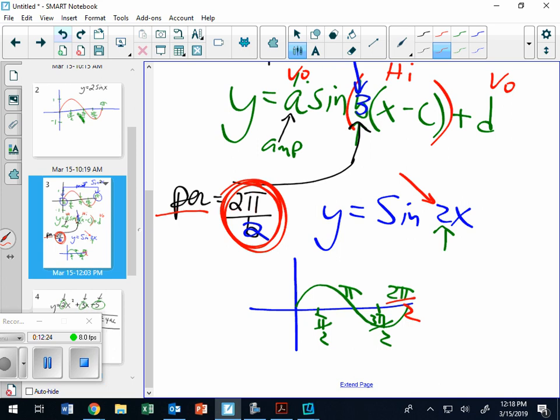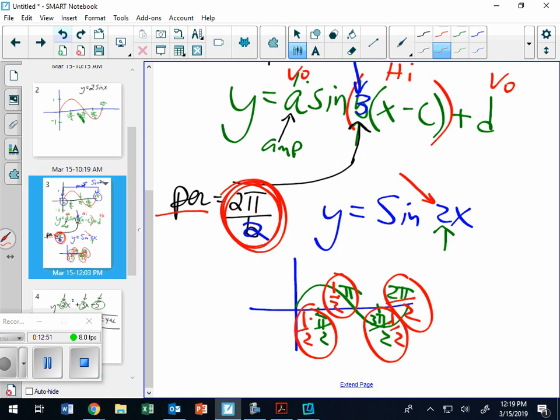If I multiply that one by 1/2, I have to multiply everything by 1/2. Now my new numbers are pi over 4, pi over 2, 3 pi over 4, and 2 pi over 2, which is also known as pi. It wraps up a complete cycle faster. It gets it done at just pi.